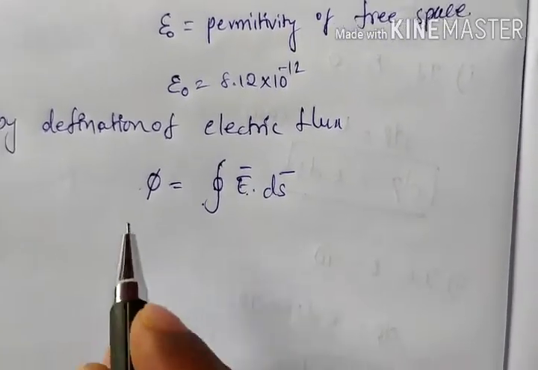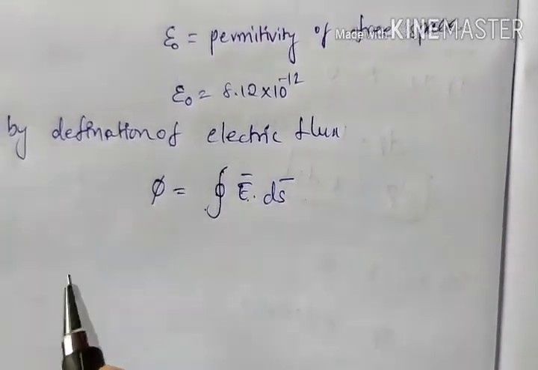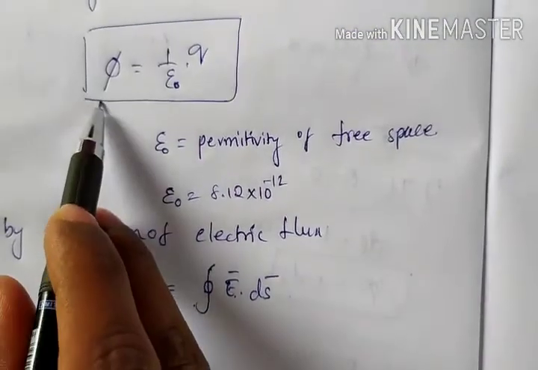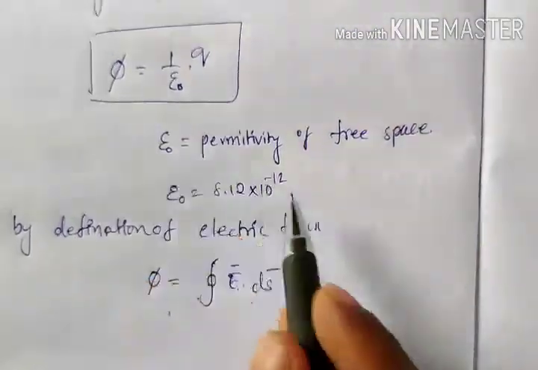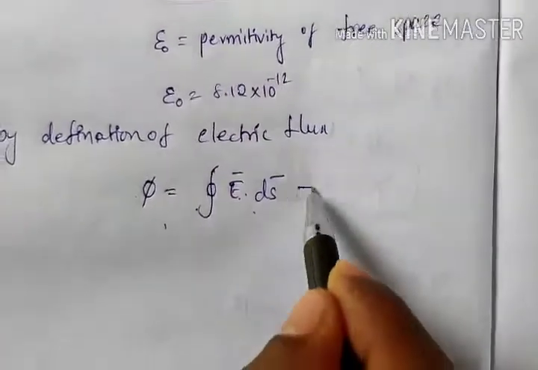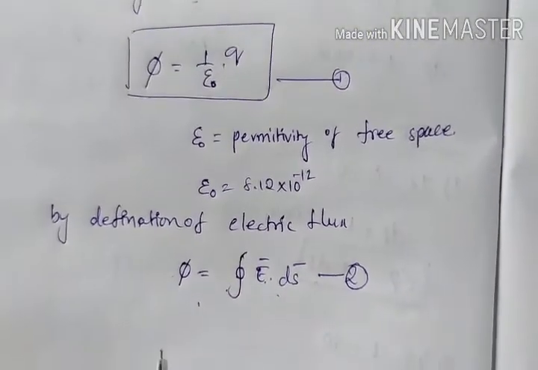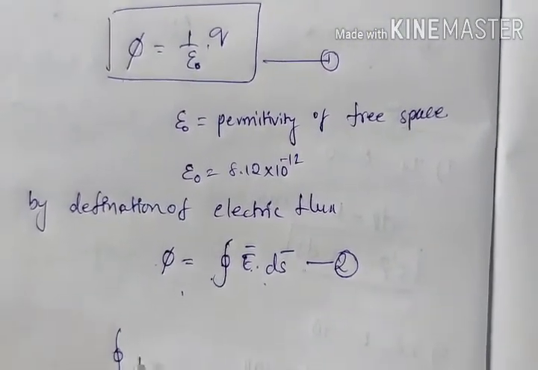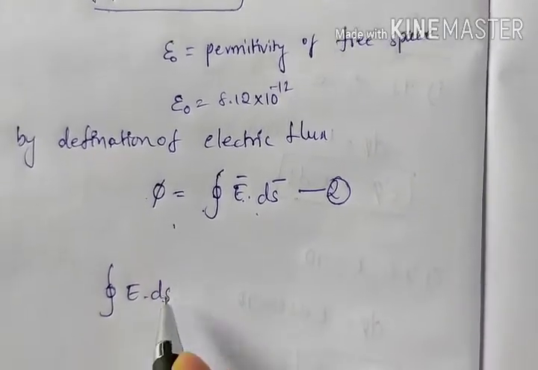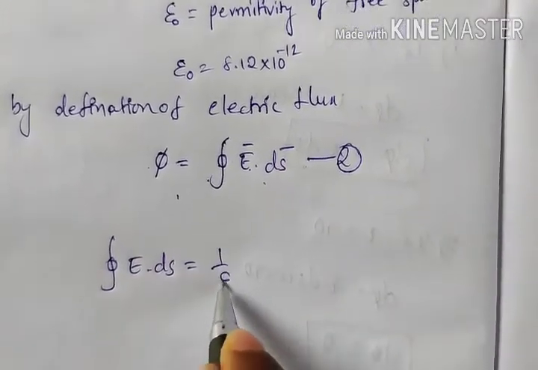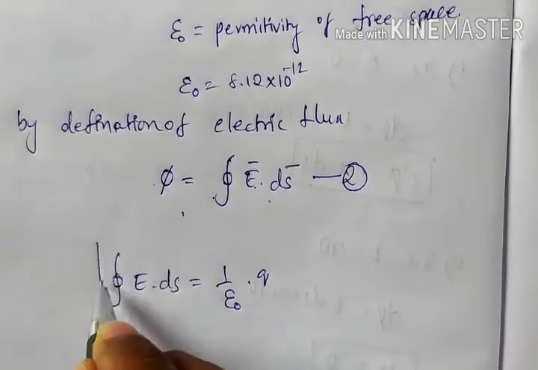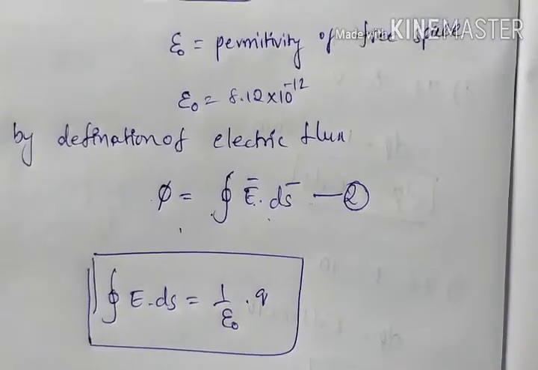This is one formula for flux. Now if you substitute phi from equations 1 and 2, the closed surface integral of E dot ds is equal to 1 by epsilon naught times q. This is the effective formula for Gauss law.